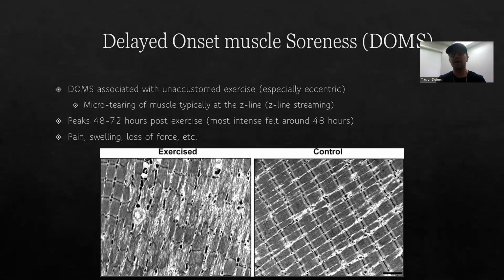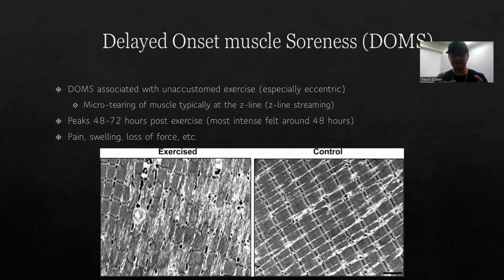And so, like I said, 24, 48 hours later, you can do things like measuring blood. One of the things that our lab does is we do blood draws at these time points, and then you can look at things like creatine kinase and myoglobin. If you remember, creatine kinase is in the cell, and it's what rephosphorylates ADP into ATP in the phosphagen system.